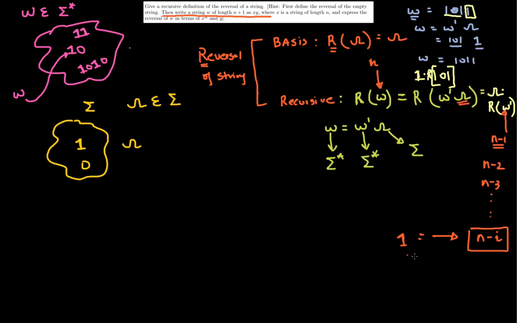Because when it equals length 1, I know I can solve it without using recursion, since it's a string of length 1. So when n minus i equals 1, I know that I can solve the reversal of the string without using any recursion.